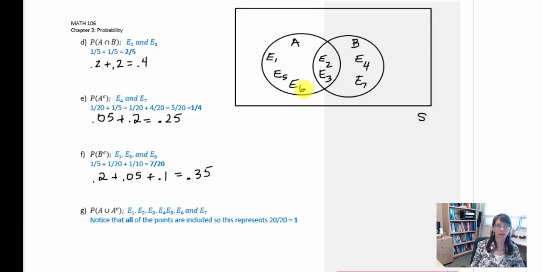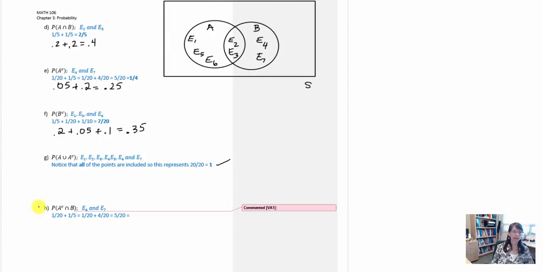The complement of A would include 4 and 7. So actually we are looking for every point, the probability of every point, and that should add up to 1, and it does.